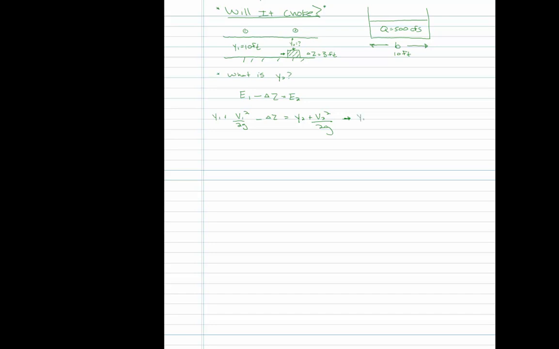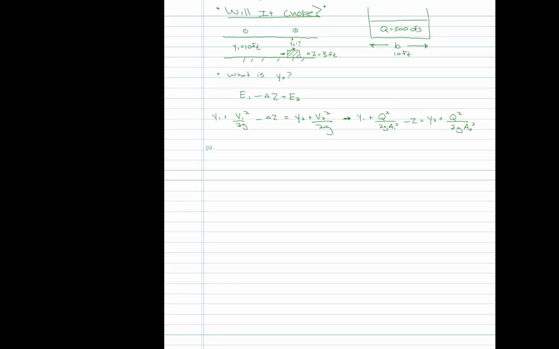So another way to write this is y1 plus q squared divided by 2g a1 squared minus delta Z is equal to y2 plus q squared divided by 2g a2 squared. All right, we can substitute in the values that we actually know.